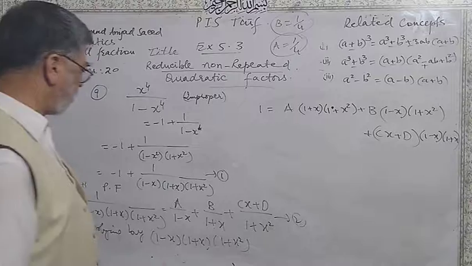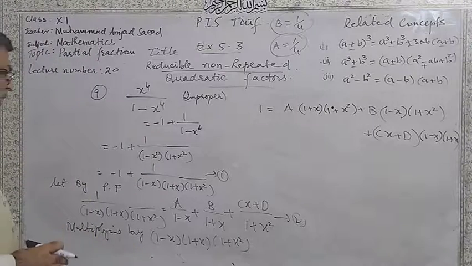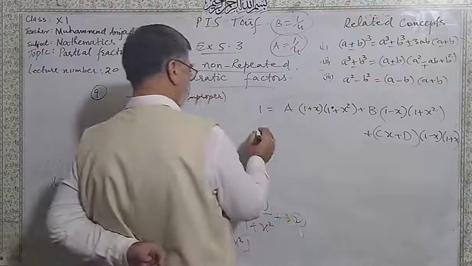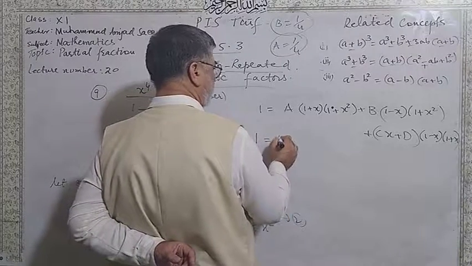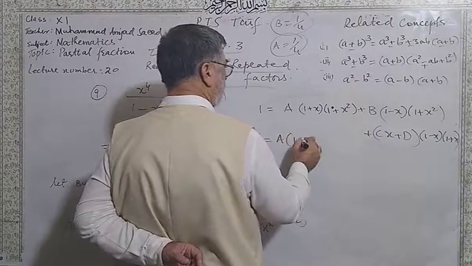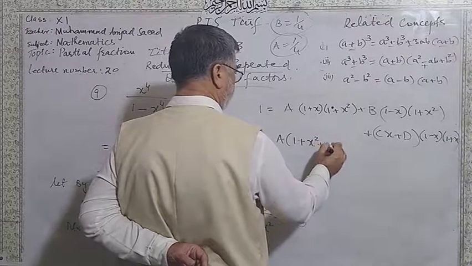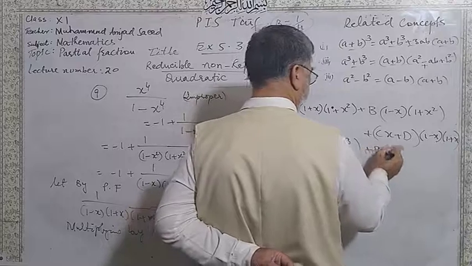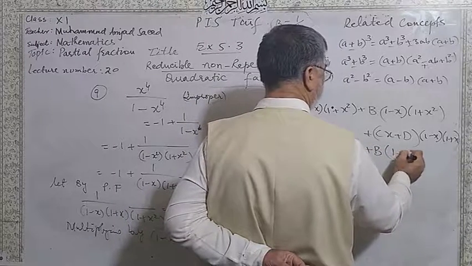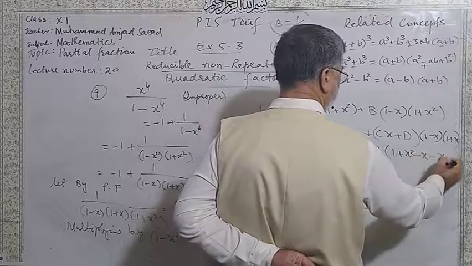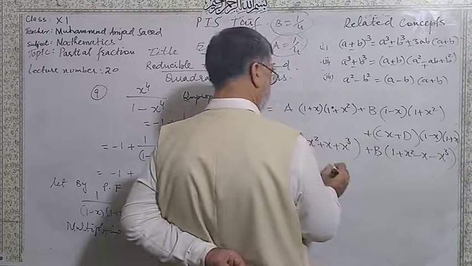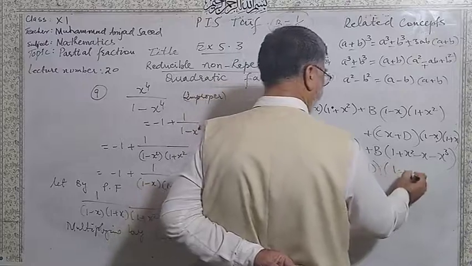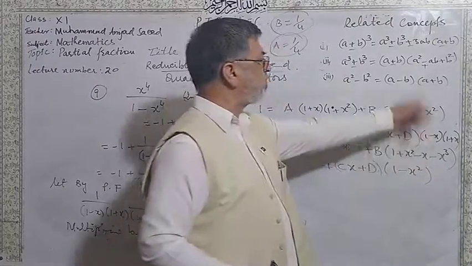From equation number 3, now we will multiply them. 1 is equal to a into 1 plus x square plus x cube plus b into 1 plus x square minus x cube plus cx plus d into 1 minus x square. This is a minus b, a plus b.